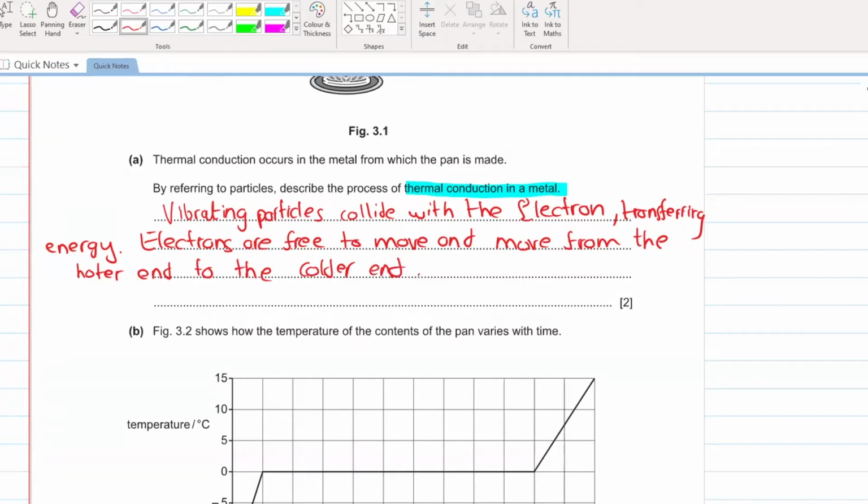What happens as they move from the hotter end to the colder end? As they move from the hotter end to the colder end, they hit the particles of the colder end.